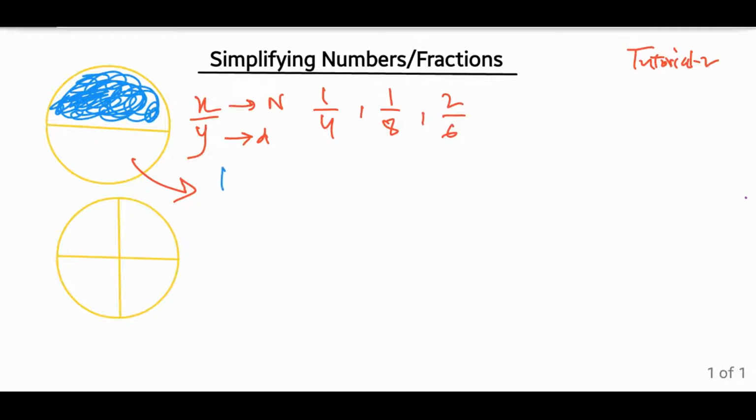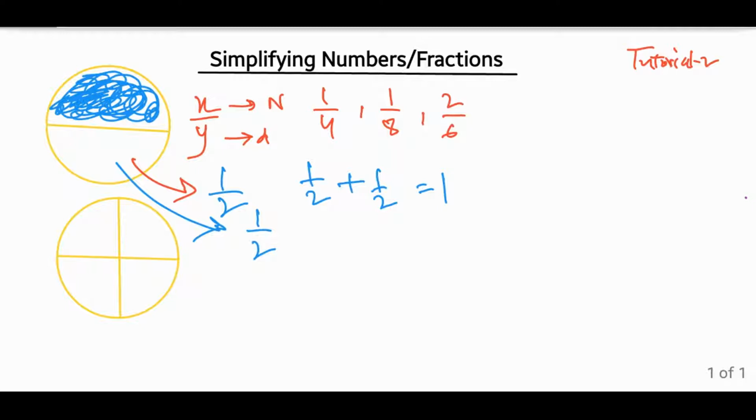So I'll express it in this form: I have taken 1 out of 2, okay? And here is the remaining part, which is also 1 by 2. So 1 by 2 plus 1 by 2, half and half, will give us one complete pizza. And this is just the representation of how fractions are written or used.